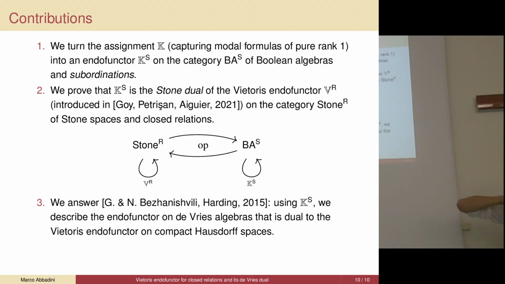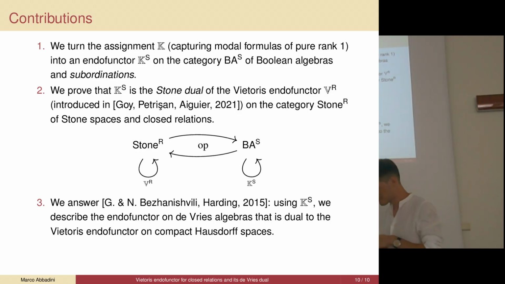Moreover, this is not just a random functor, but it is dual to another nice functor, the Vietoris endofunctor, but this time on closed relations between Stone spaces, rather than just on continuous functions. This was introduced recently.